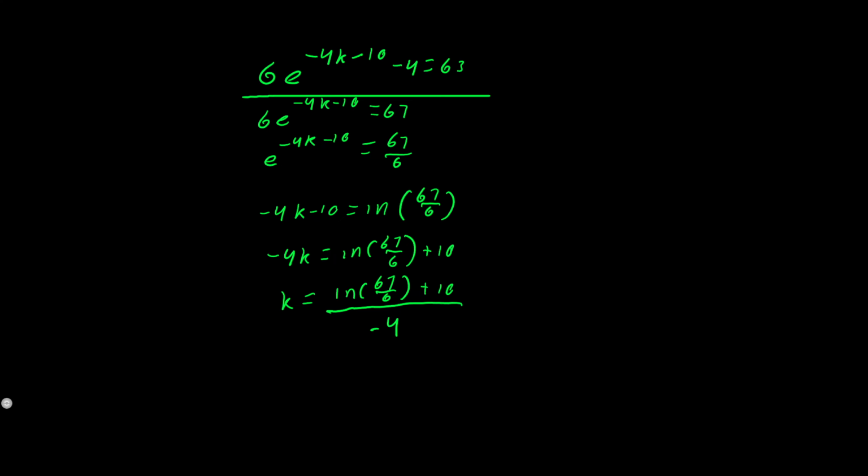But you're always going to see x in terms of k, a, b, v, u, or any letter in general. And you just have to solve for it once you have gotten rid of the base, like in this example, e. Getting rid of e by taking the natural log, we just had to solve for k.